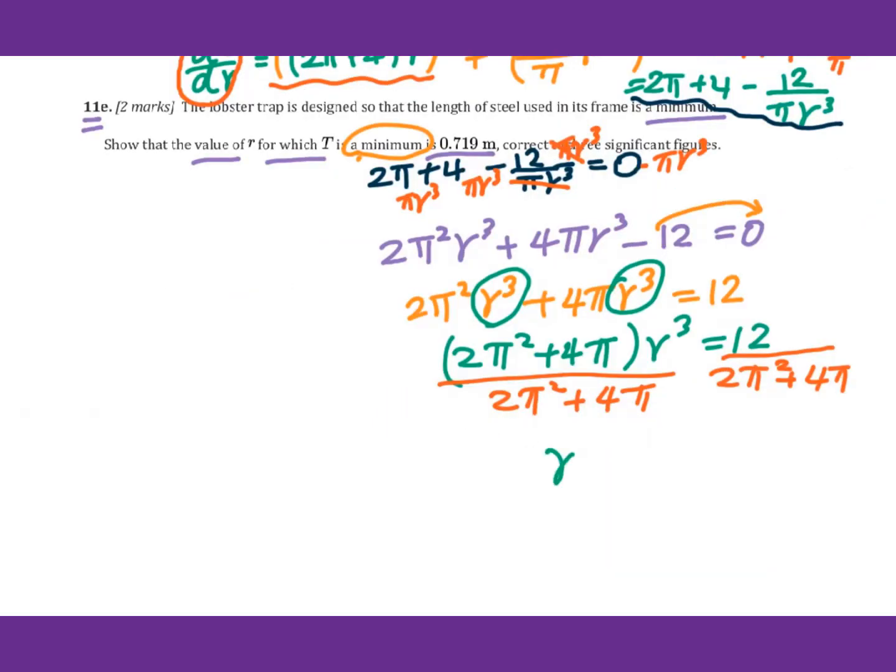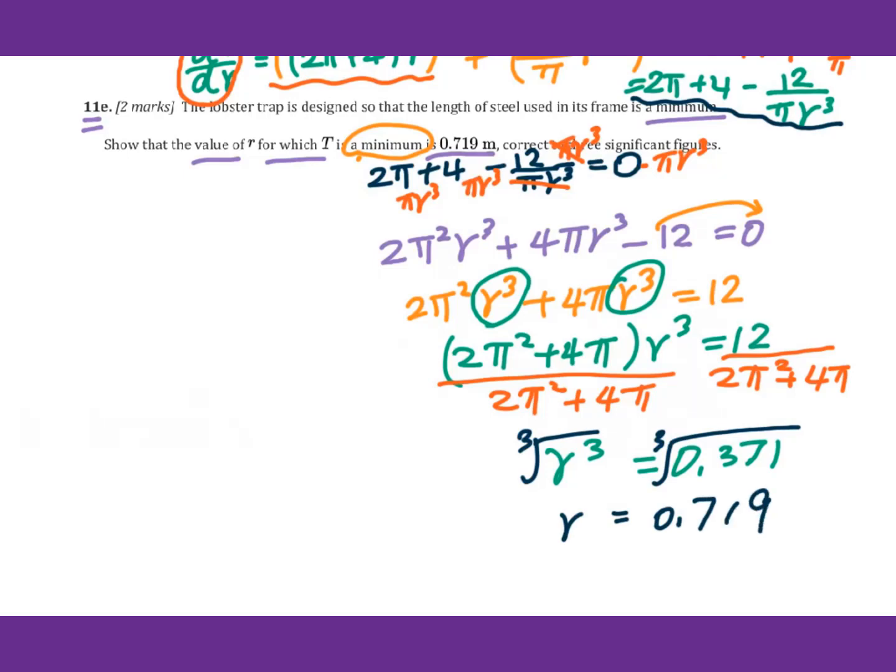You will get r to the third power equals 0.371. Then you do the cubic root on both sides. You will get r equals 0.719. For the exam, you don't have to show the work like this.